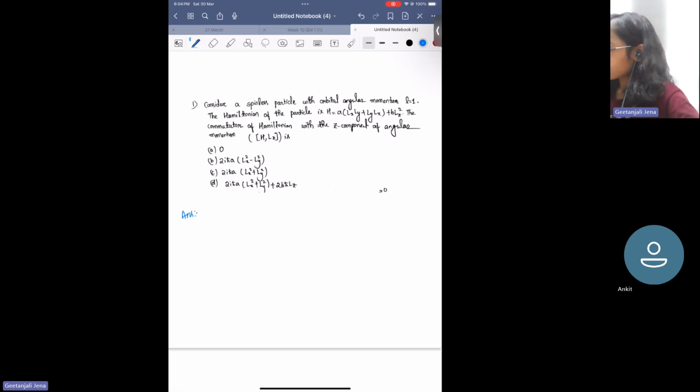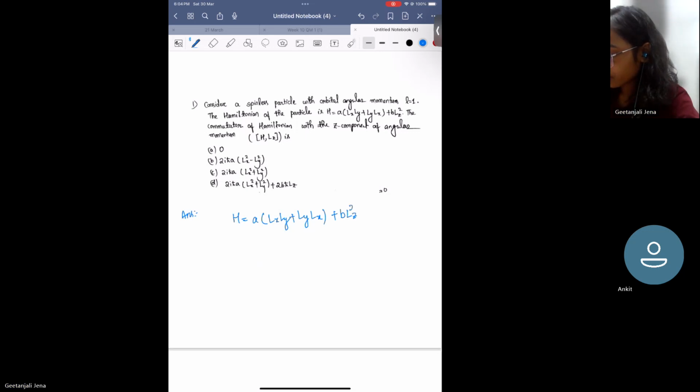This is the first problem, which is related to the orbital angular momentum. Let me read out the question for you. Consider a spinless particle with orbital angular momentum L equal to 1. The Hamiltonian of the particle is H = A(Lx Ly + Ly Lx) + B Lz square.